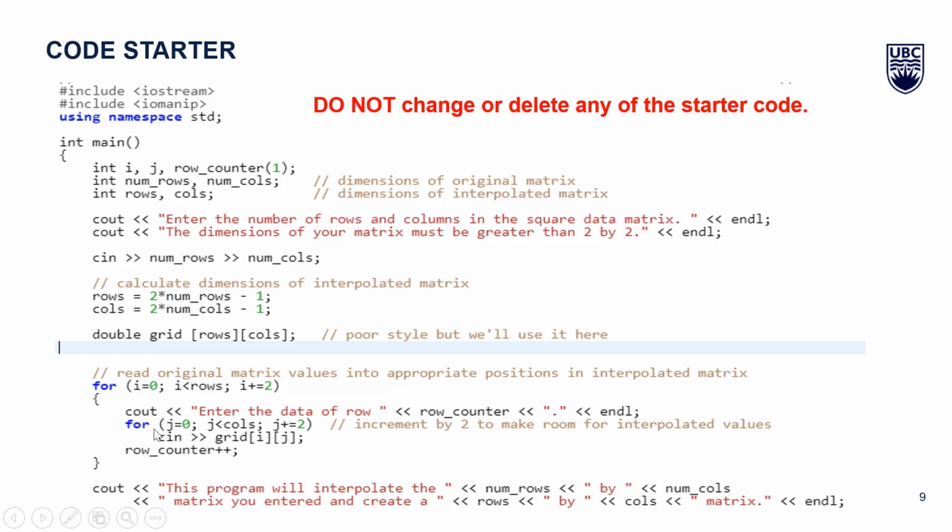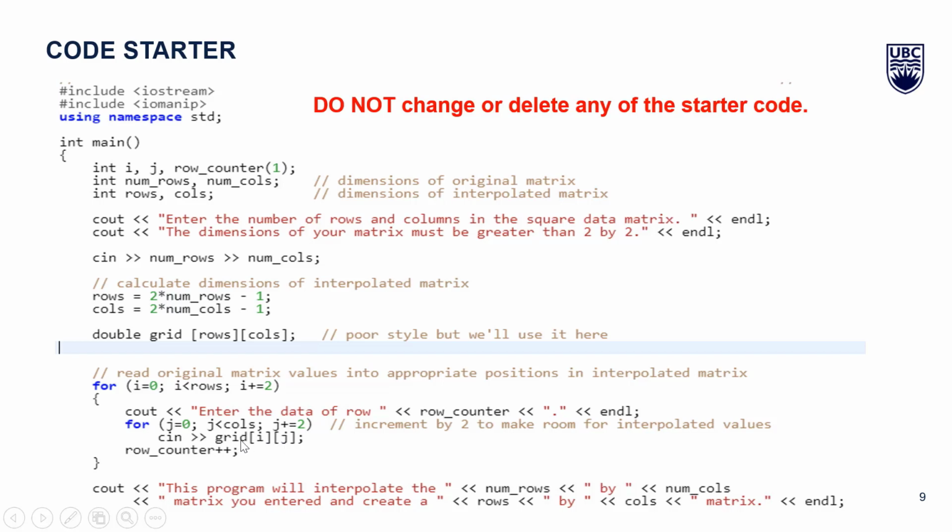If this condition is satisfied, we will again enter the data of row number 2 as we increment its value, and after that we will enter the for loop to manage the value of our column. We start with j equal to 0 and check if the condition j less than columns is satisfied, and after that we will enter the value of point 2 of 0.